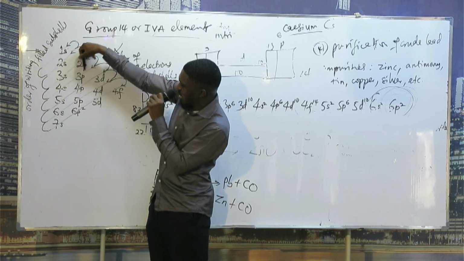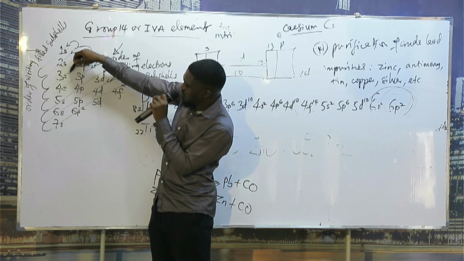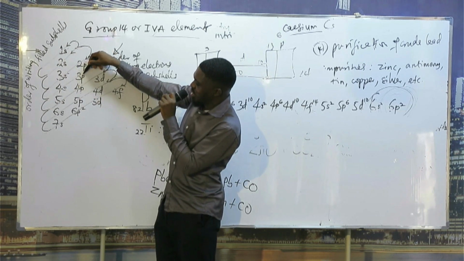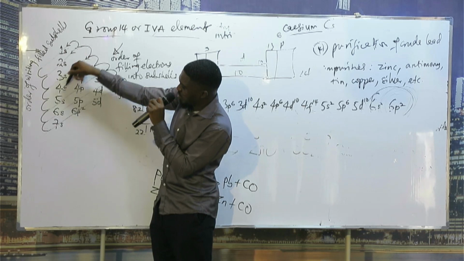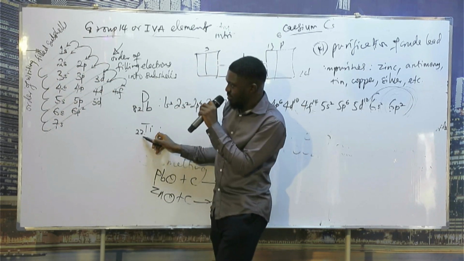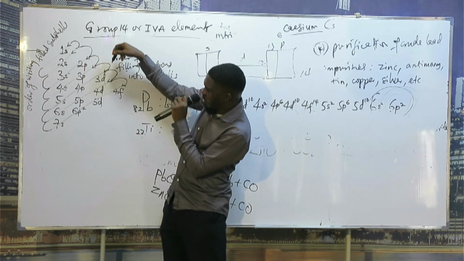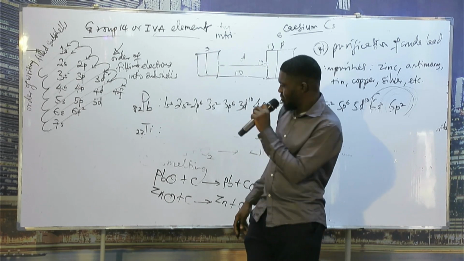Then I'll add 2 here again. 12. Then I will add 6 here again. I will now fill this one, which is 20, right? So I fill total of 20 now. How many remaining now? 2 is remaining. I will fill it here now, right? So I will fill this one too. Are you with me?